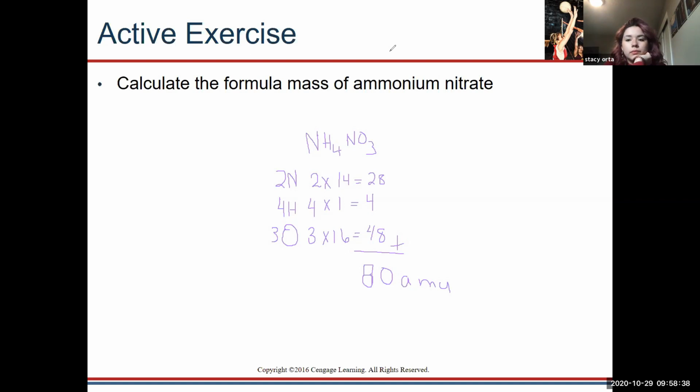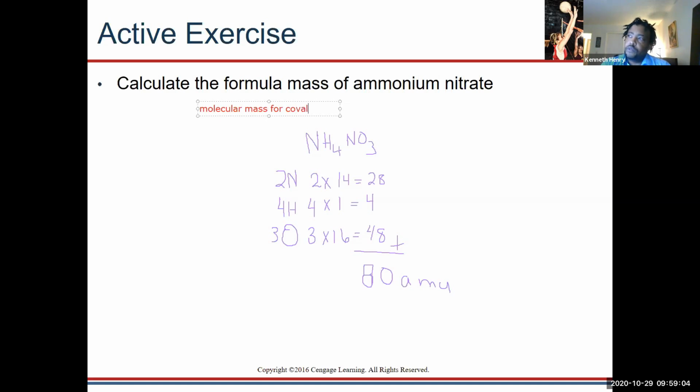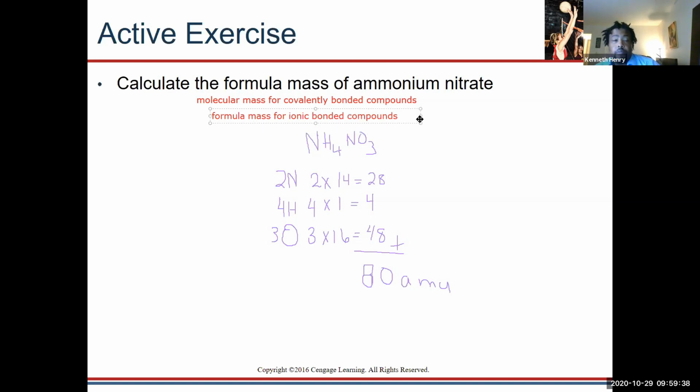So molecular mass and formula mass are calculated the same way, but molecular mass pertains to covalently bonded compounds, where formula mass pertains to ionically bonded compounds. But you calculate them exactly the same way.